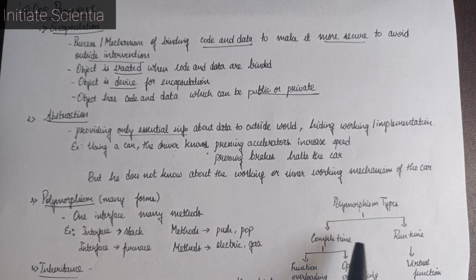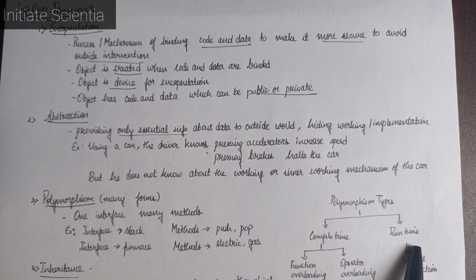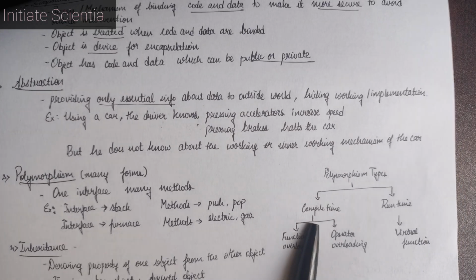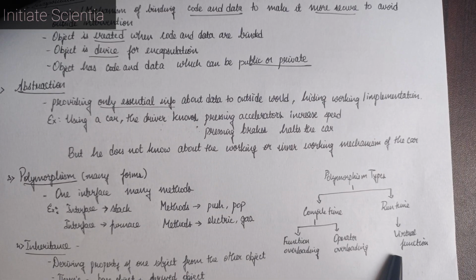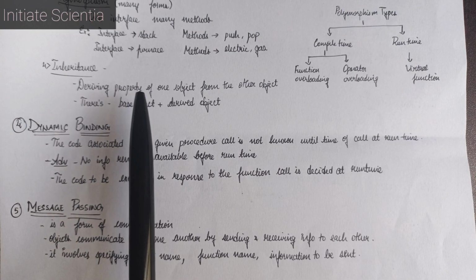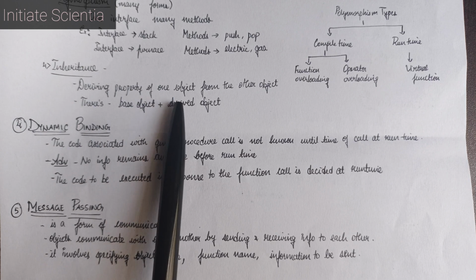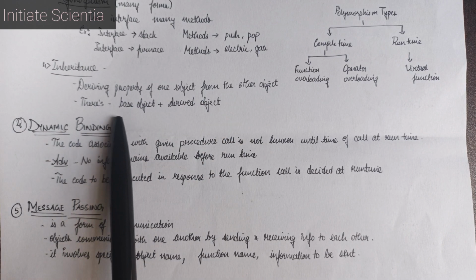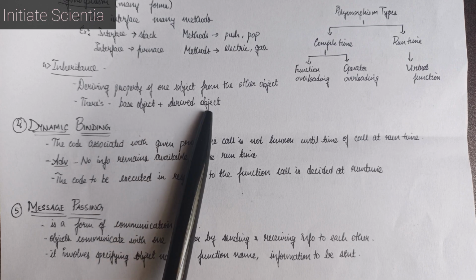Polymorphism has types: compile time and runtime. Function overloading and operator overloading come under compile time, virtual functions come under runtime. Inheritance. Deriving the properties of one object from the other object is called inheritance. There is base object and the derived object.